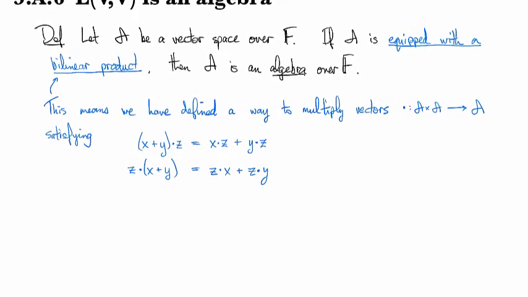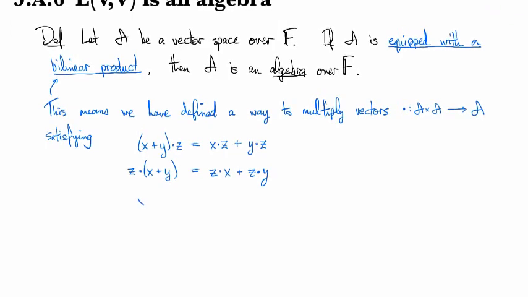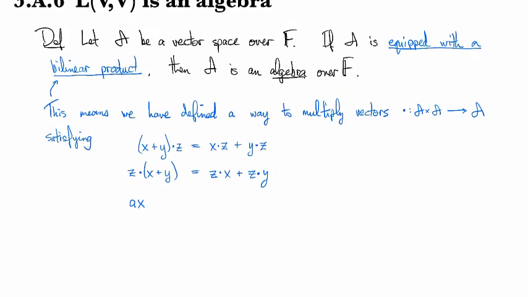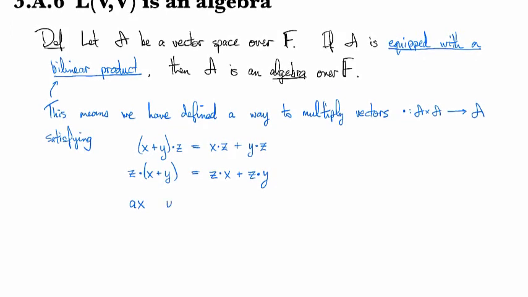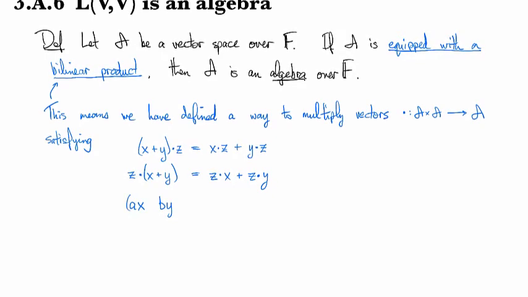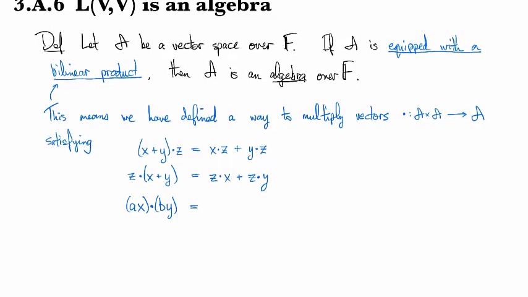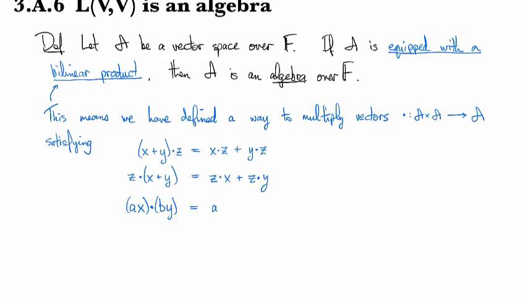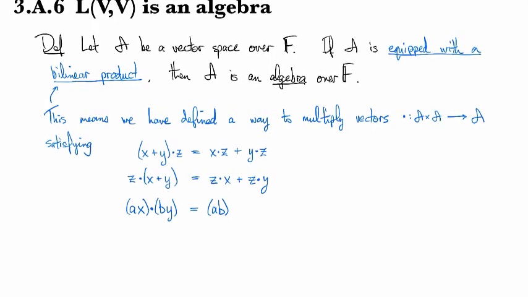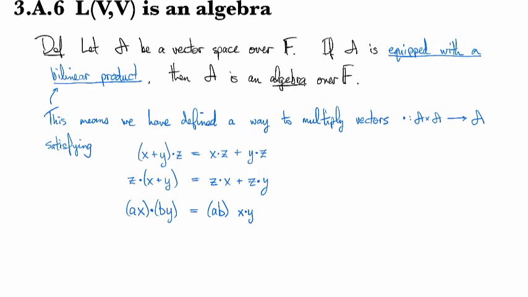And it needs to behave nicely with respect to scalar multiples. So if I have a vector x, and we take a scalar a from F and multiply it like that, and I have a vector y, and it's been scalar multiplied by some b from F, then the product of these two things, however the product is defined, needs to satisfy, well, first you multiply together the two scalars, and you use that as the scalar to scalar multiply x times y.